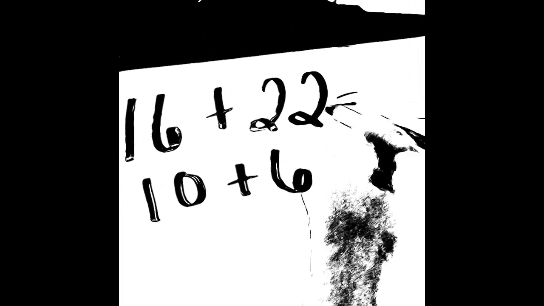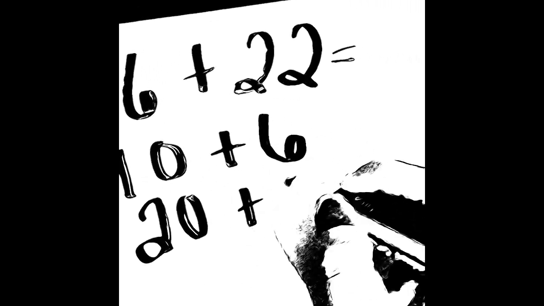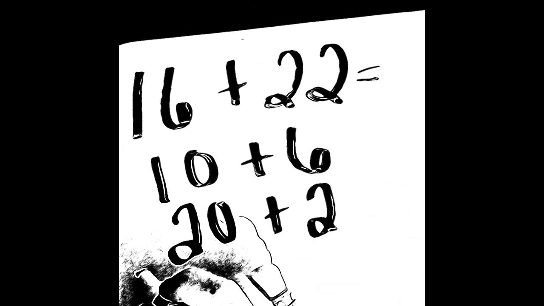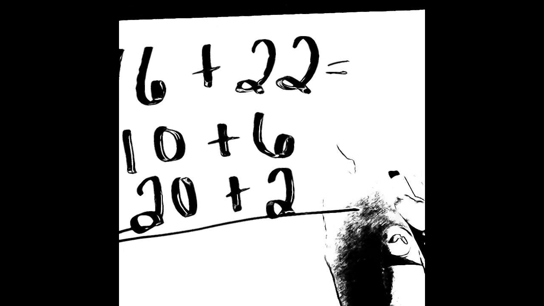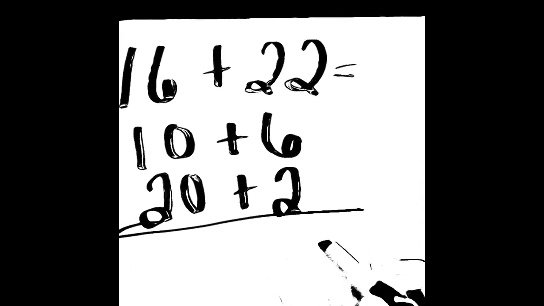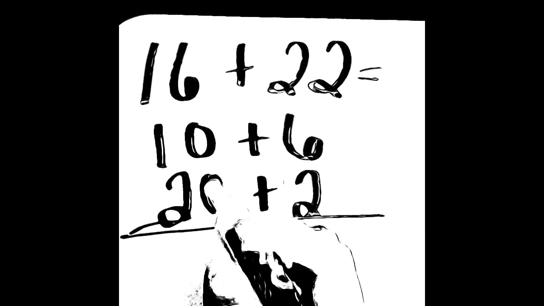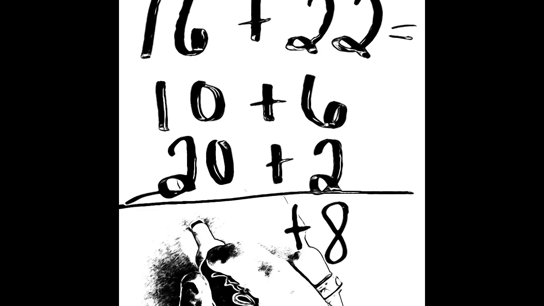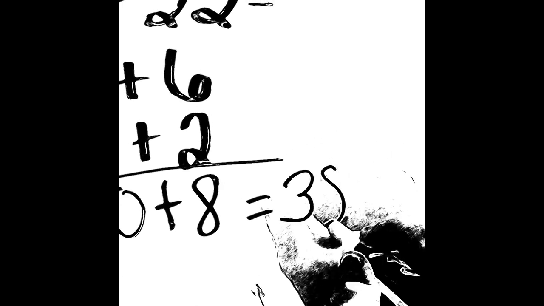And then if we break apart our 22, we have our 20 plus our 2, and we line it up this way, and then we have our 6 plus 2, which gives us our 8, plus our 10 plus 20 to give us our 30. 30 plus 8 then is 38.